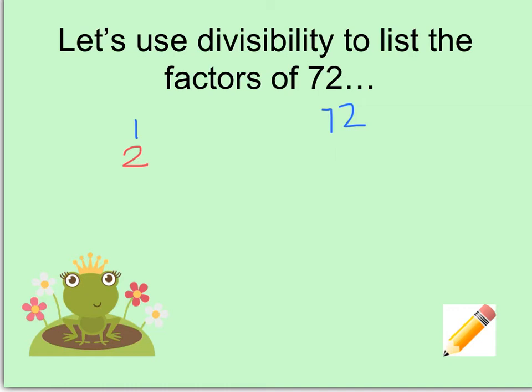I don't know how to divide 72 by 2 yet because it's over my basic facts. But I can think, 70 can be cut in half to 35, and 2 can be cut in half to 1.